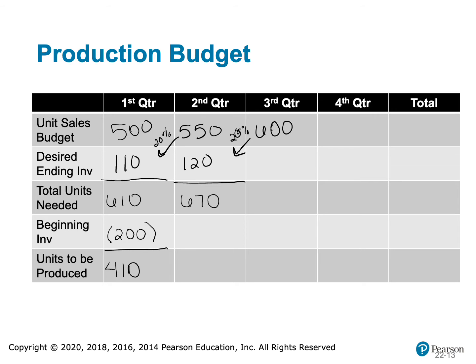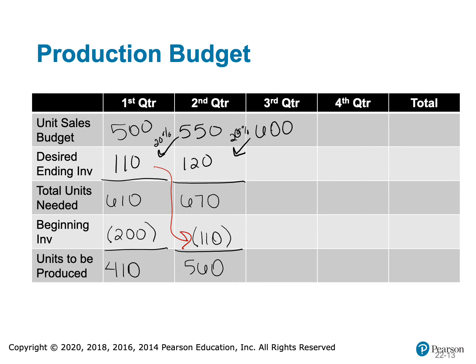Now, I don't have to make all 670 because remember, I'm expecting to have 110 on hand from quarter one. So quarter one's ending inventory becomes quarter two's beginning inventory. So I don't have to make these 110 because I made them in quarter one. So in total, I need to make in quarter two 560 units.